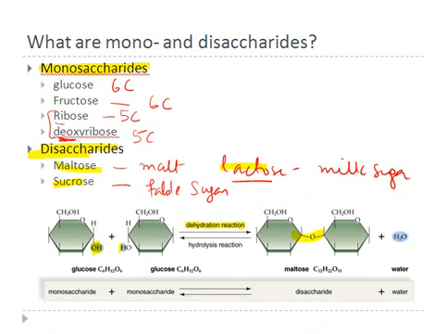So the bond we have just formed is called glycosidic, the unique name for the bond that links the two sugars together. Notice on the side you also have water, because this water was generated when these two units were put together, or synthesized.